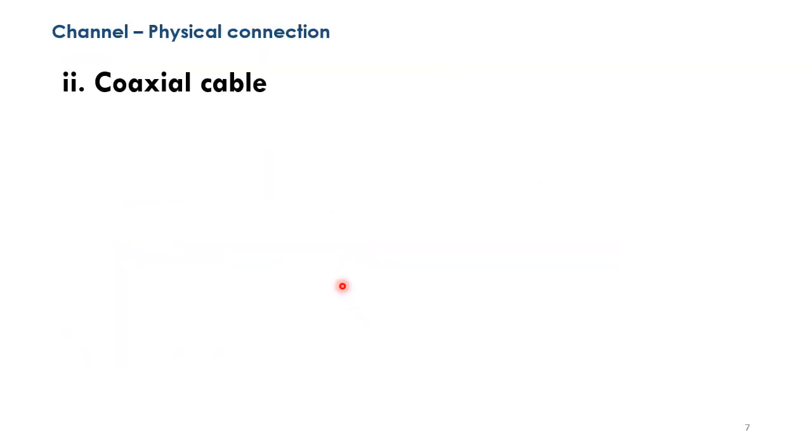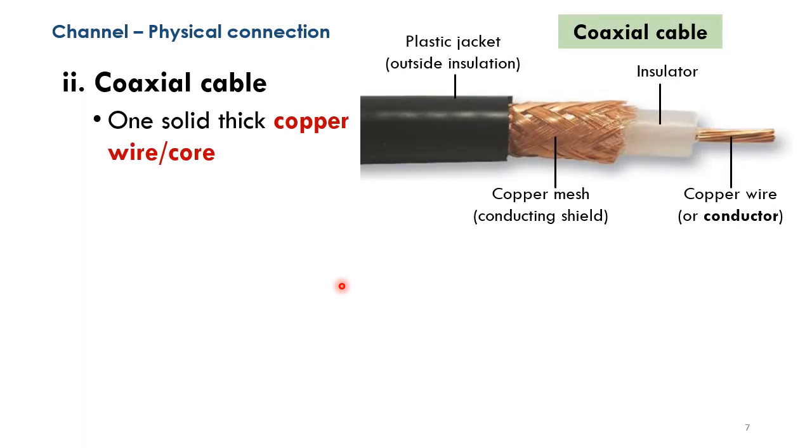The next example of a wired channel is coaxial cable. Coaxial cable is a high-frequency transmission cable made of one solid thick copper wire that looks like this. It is used in computer network wiring and also cable TV service.